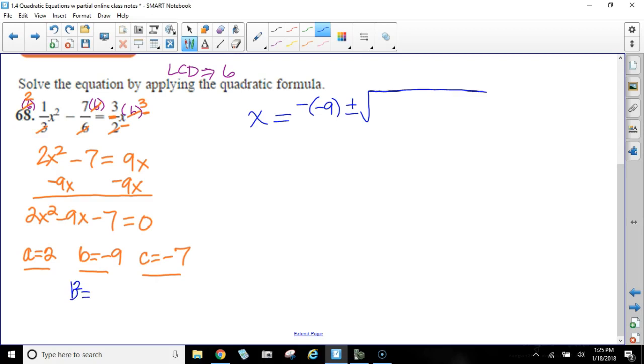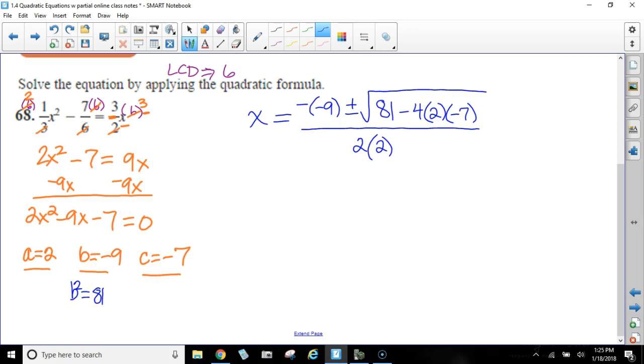I like to do negative 9 squared. 81. Okay? So that's going to be b squared is 81 minus 4 times the a value of 2 times the c value of negative 7, all over 2 times the a value.